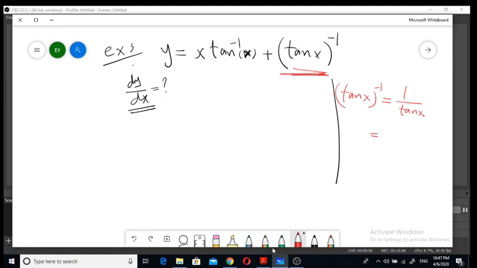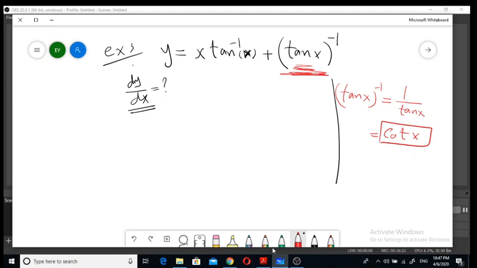And we know that 1 over tan x is equal to cotan x. So we can convert tan x to the power -1 to cotan x. But if we leave it as it is, we are going to use the chain rule. So it's your choice.